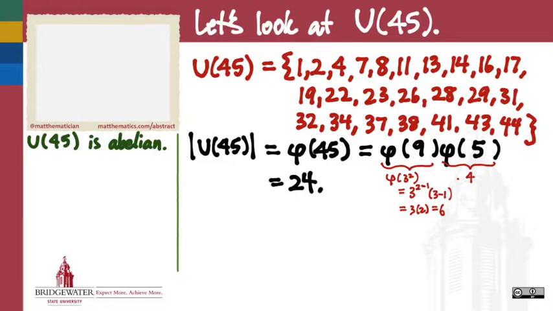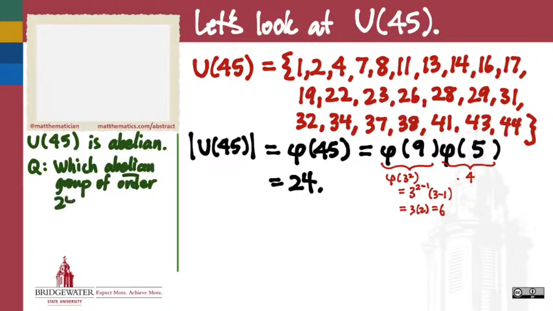That multiplication is a commutative operation. So this is an abelian group. So that at least helps us to cut the question down to which abelian group of order 24 it is isomorphic to.